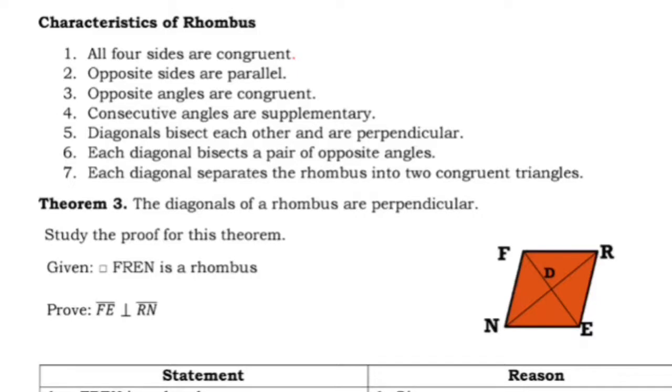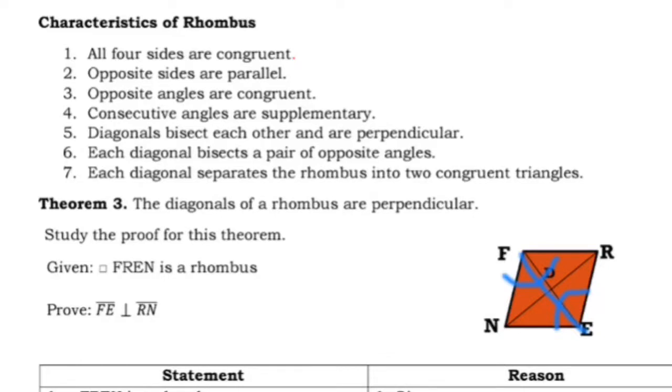Number 6, each diagonal bisects a pair of opposite angles. So if you're going to have this rhombus here, this diagonal FE bisects angle F into two congruent parts, and also it bisects angle E into two congruent parts.